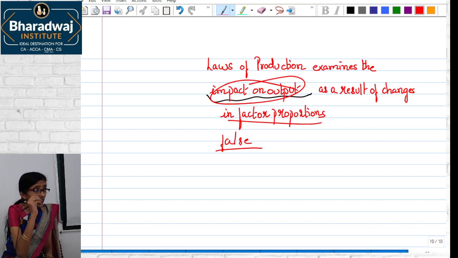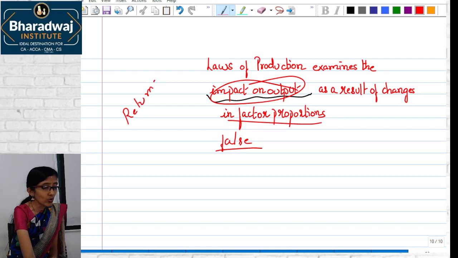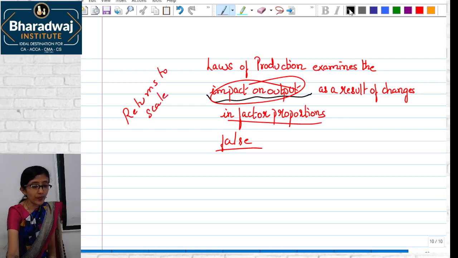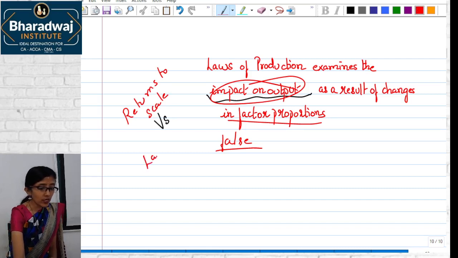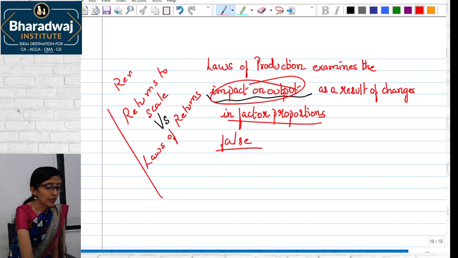Because when you have the term all factors, we are talking not about laws of returns, we are talking about returns to scale. That is the difference. Please note it. Laws of returns versus returns to scale. Please revise. It's a very important segment to revise.